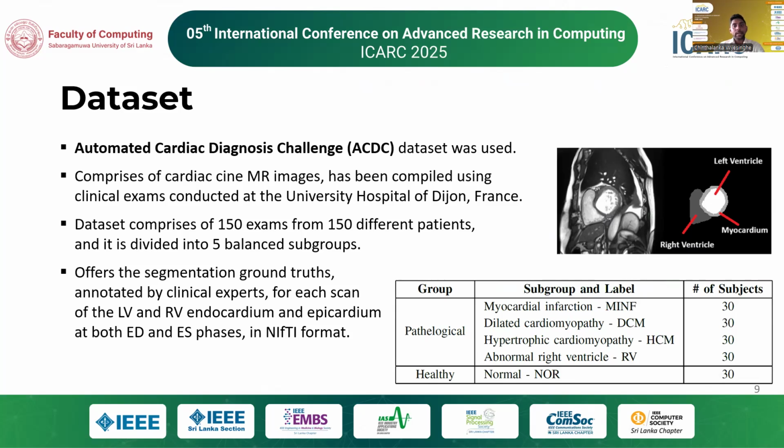The dataset is divided into 5 balanced subgroups as depicted in this table, and it provides expert annotated segmentation ground truths at both diastolic and systolic phases. The images are available as 3D images in NIfTI format. A sample 2D CMRI image with its ground truth is shown in this figure.